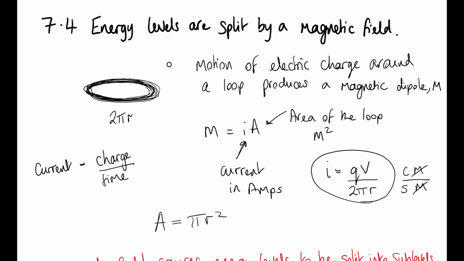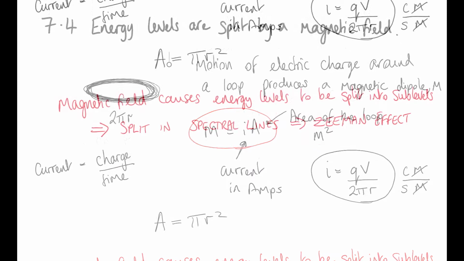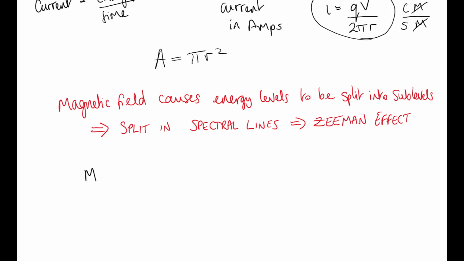Let's come back here for a second and again recognize that the magnetic dipole is equal to our current multiplied by the area of the loop. So when we bring these two equations together, we get M is equal to QV over 2 pi r, and then we multiply that by our area of the loop, pi r squared, and this comes out to be Q times the velocity times the radius, over 2.